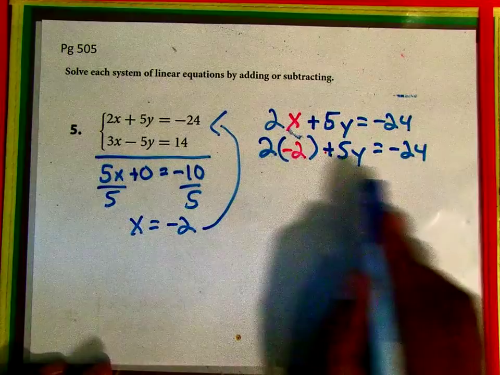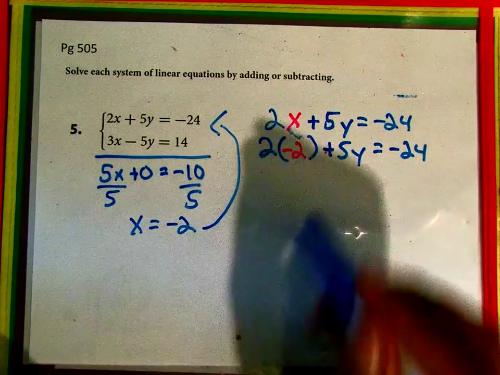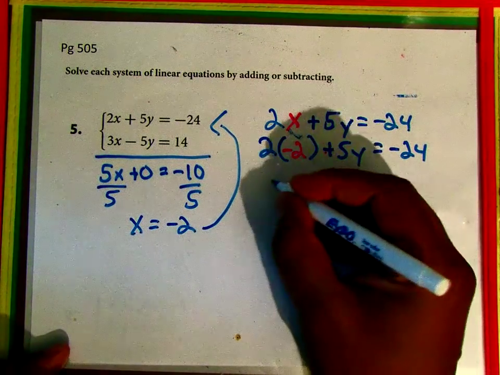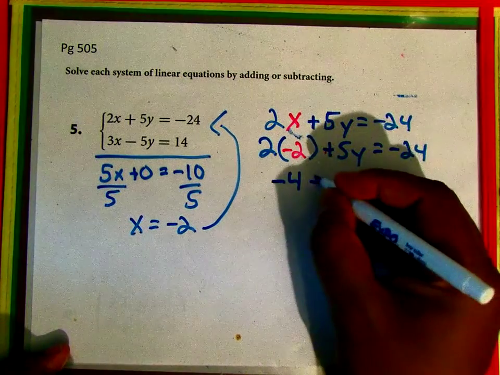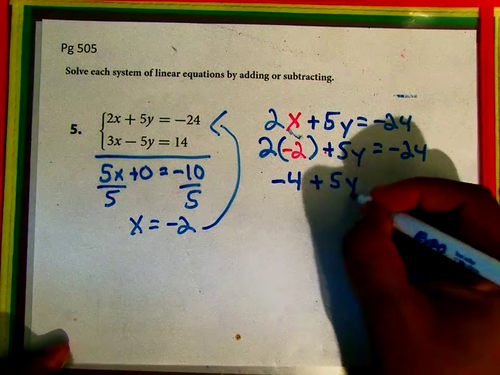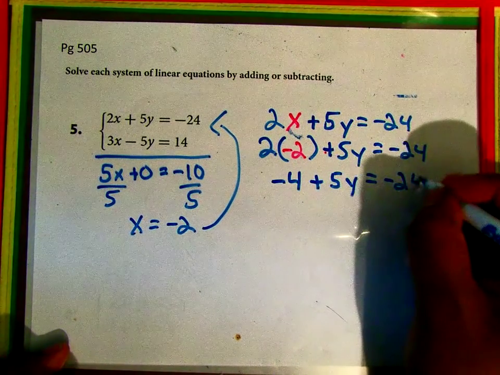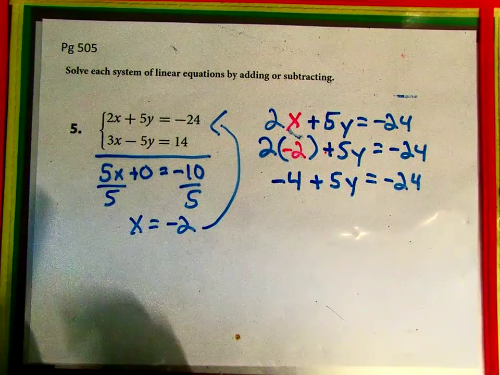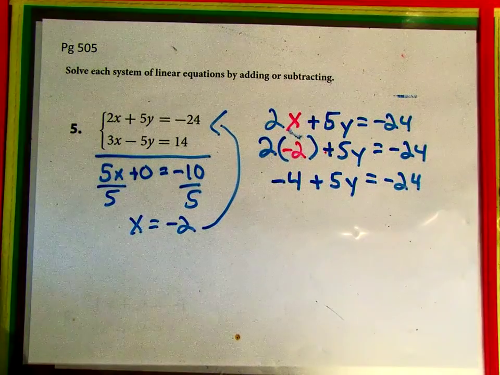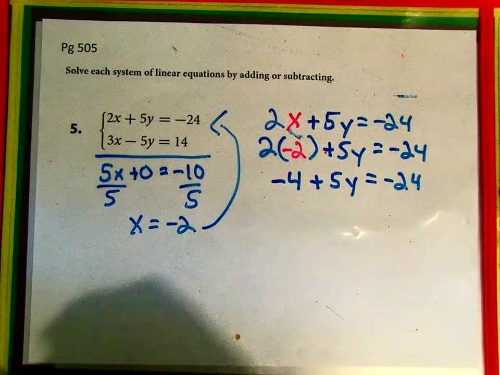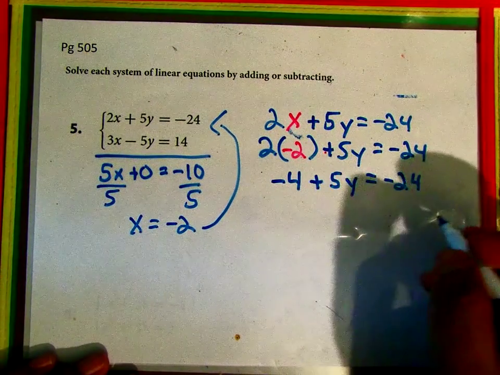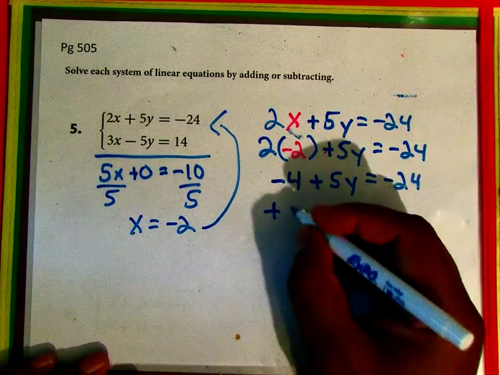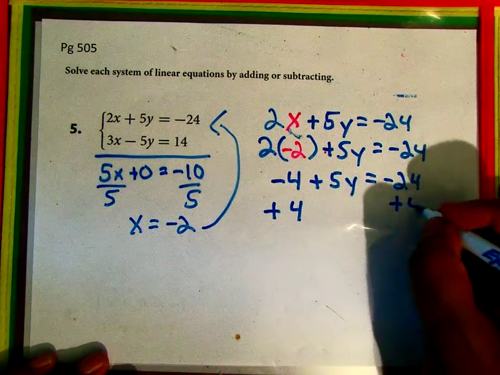And then we just go ahead and solve the equation for y. So 2 times negative 2 is going to get us negative 4. And now we'll go ahead and add 4 on both sides.